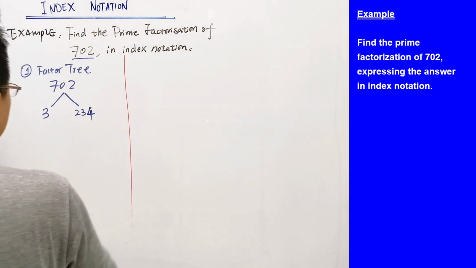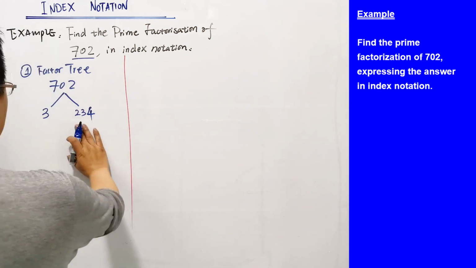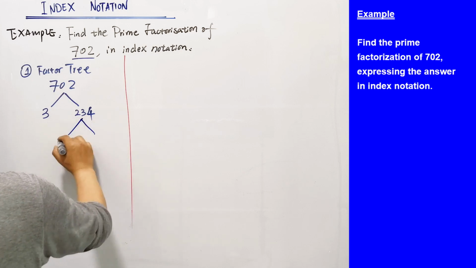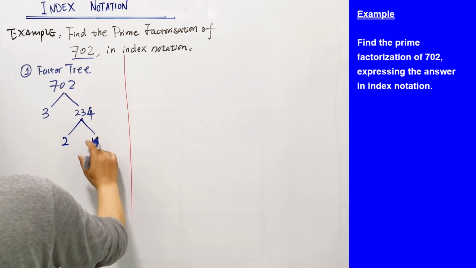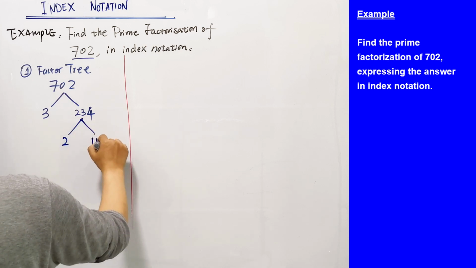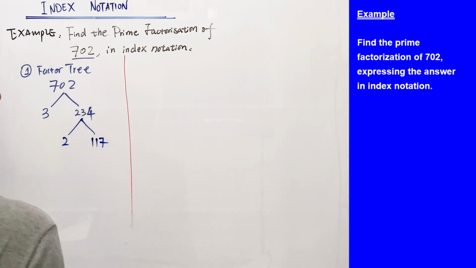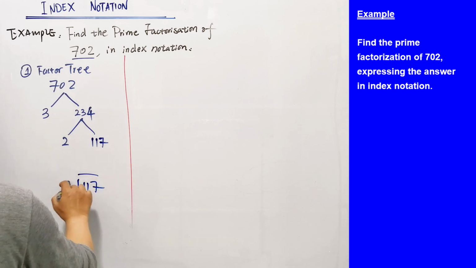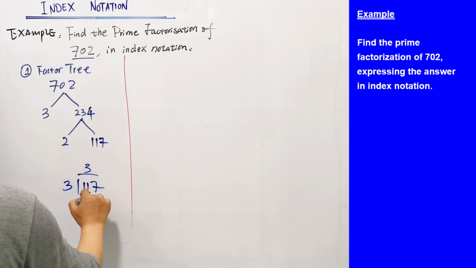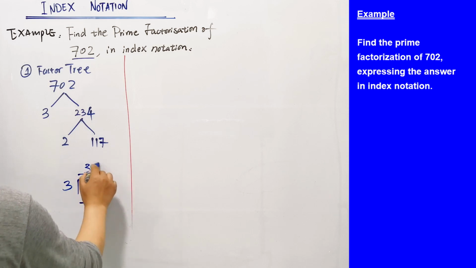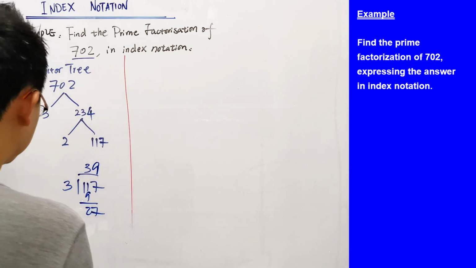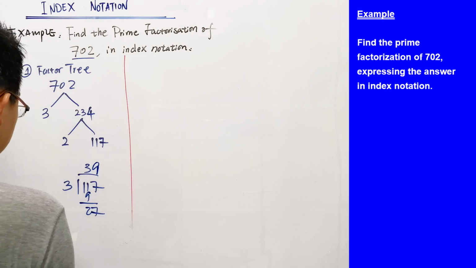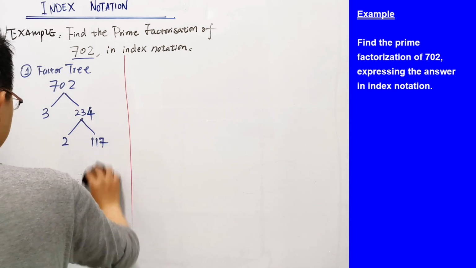Let's continue. How about this number? Can we divide by 2? Let's try 2. This is 1, this is 1, and 7, right? This is what we get. So how about 117? Can we divide by another 3? 117 divided by 3 is 39, so we get 39, right?